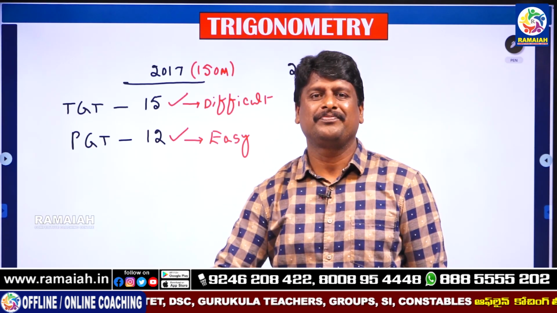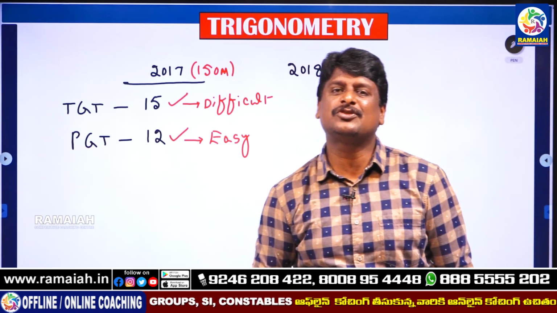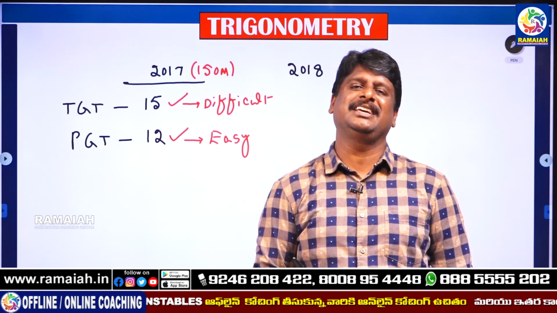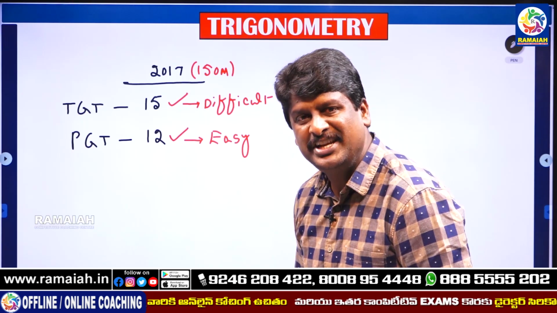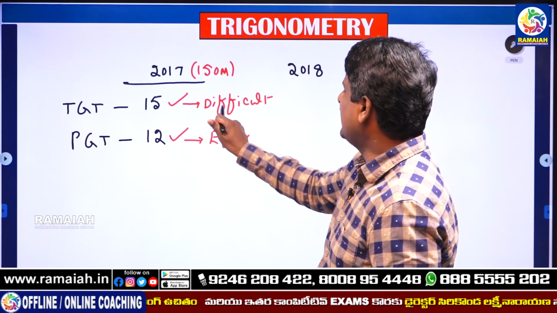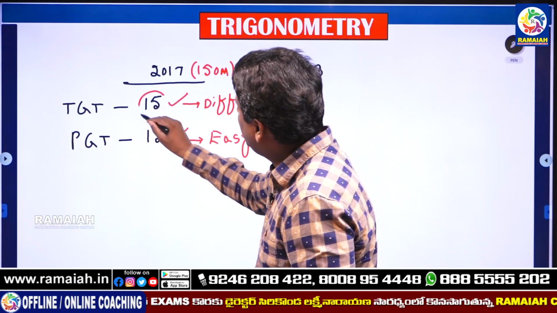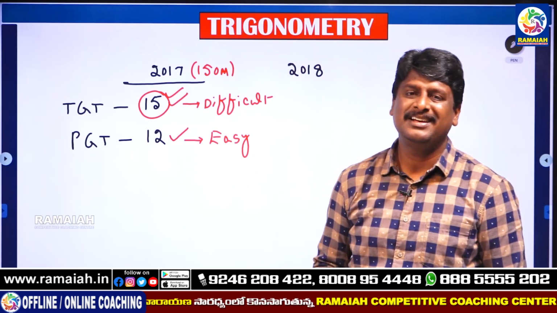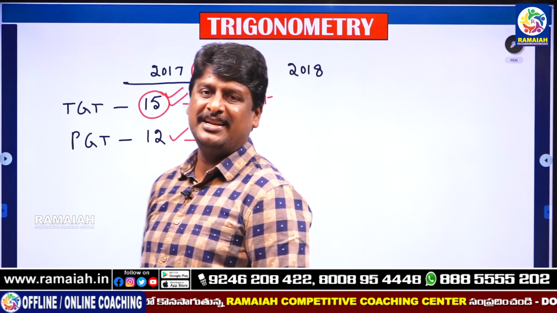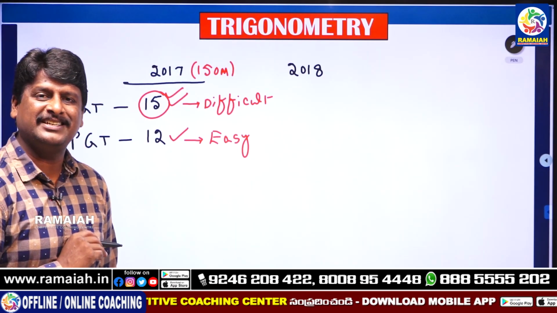Even though, questions given in the PGT examination are easier than questions given in the TGT examination. So difficulty level is more in the TGT examination and weightage is also more than the PGT examination. This is in the 2017 examination.